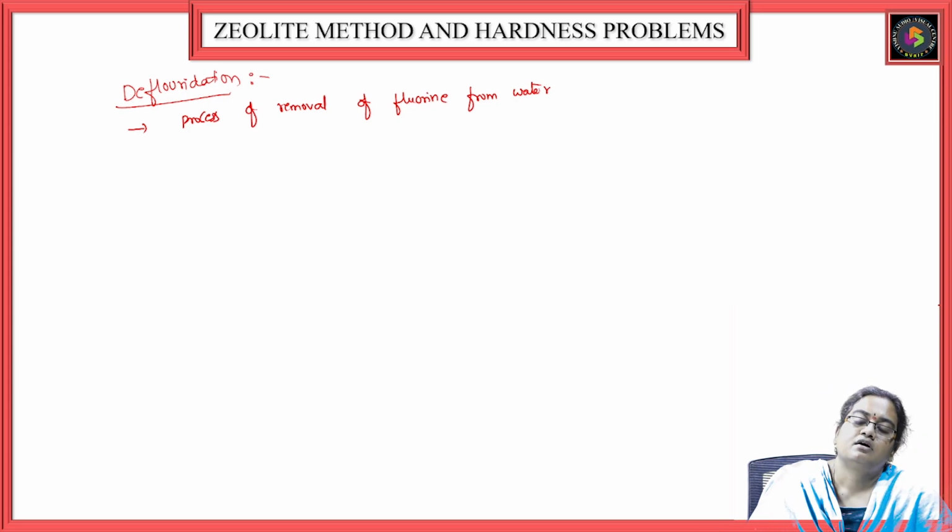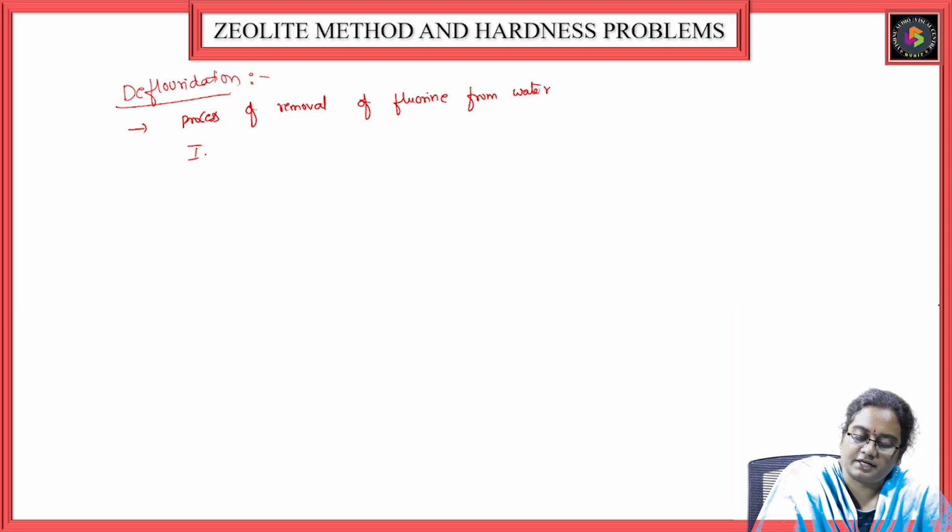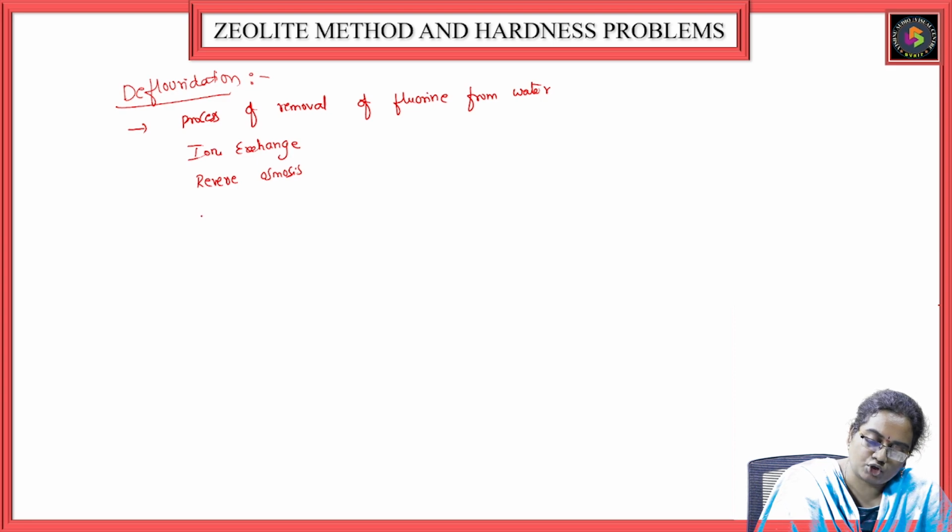For the removal of fluorine, there are different methods. We have the ion exchange method, the reverse osmosis method, that is RO, and the absorption method.